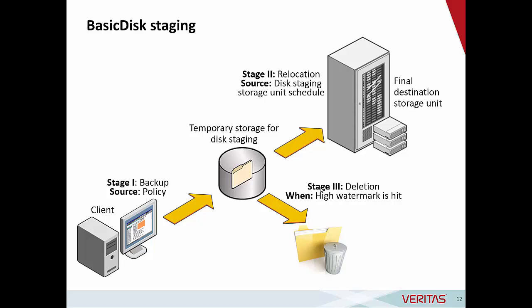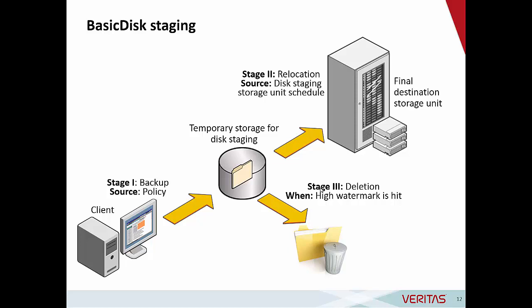And typically that'll be one copy on disk and one copy on tape, although that's not the way you have to do it. Both destinations could be disk. And the relocation could target more than one device if you wanted more than two copies. That's supported. But that's kind of the typical way of using this. One copy on disk, one copy on tape. And the retention period controls the retention on tape.